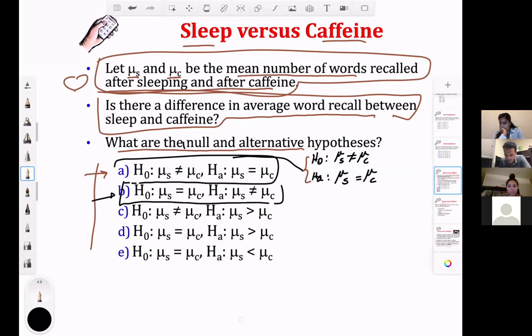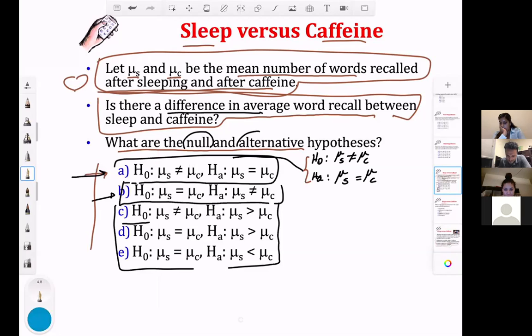So what are the null and alternative? Is there a difference in average? A is no. You don't like, why is not? Because it's equal. Very nice.